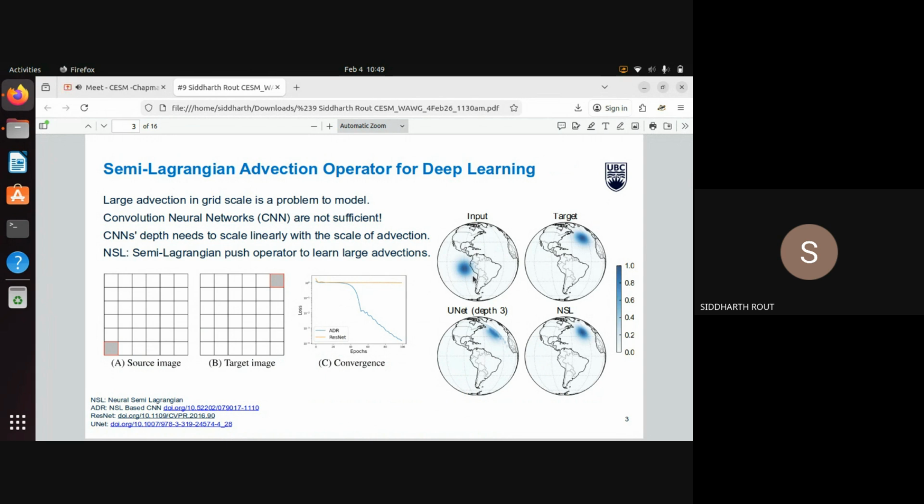The trends might have changed a lot, and it is pretty relevant in weather applications. In order to model this long-range transport of patterns, we try to introduce the semi-Lagrangian push operator into a machine learning model so that I can easily transport things across the whole domain.